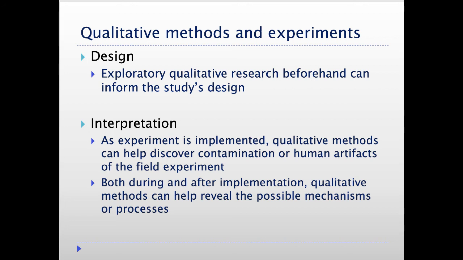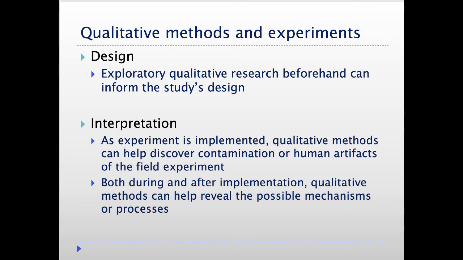First of all, at the design stage, as when you're doing a survey, but even more so, you really better know what you're doing before you design this experiment. You better know about the treatment, you better know about the population, you better know things about the treatment's mechanism, because if you don't know those kinds of things, you won't design the study well. You won't have the right version of the treatment in the setting.